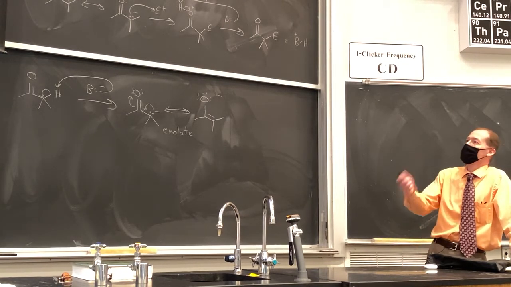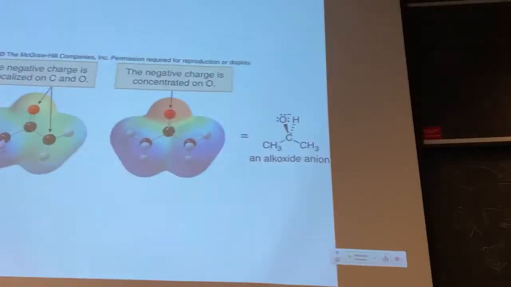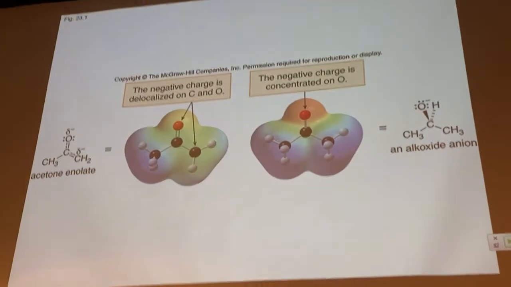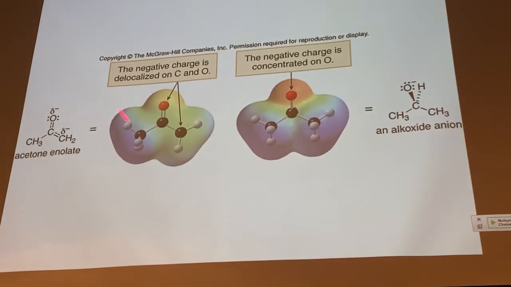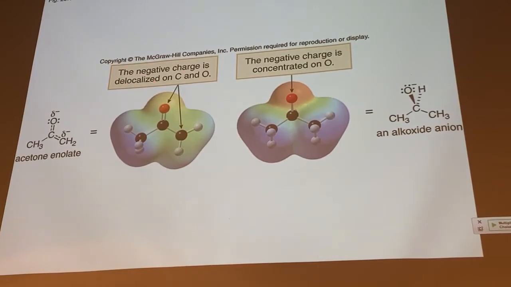And if we look here on the screen, we have an electrostatic potential map of an enolate. This is the enolate from acetone. And we see that it's kind of green and yellow, right? The yellow is indicative of a smaller negative charge, a delocalized negative charge that's spread out. You see kind of a hint of red around the oxygen, whereas the carbon is more greenish yellow. So you can see that there is more negative charge on the carbon, but it is shared.